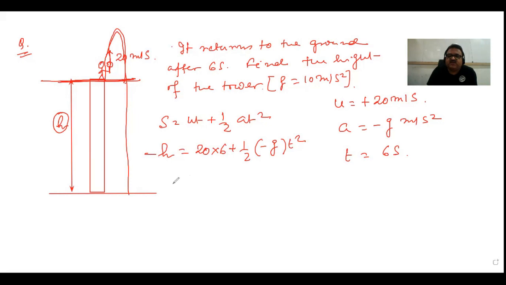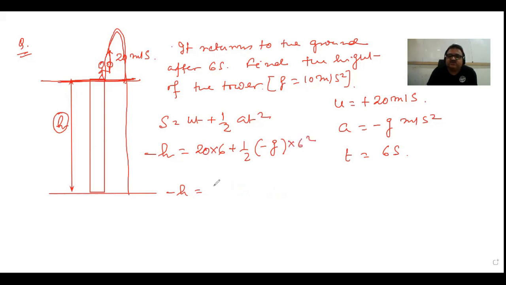So now let's solve it. Minus h, 20 into 6, 120. Minus half, g is 10. Made a mistake. Sorry. Okay. 20 into 6. And this is 6 square.